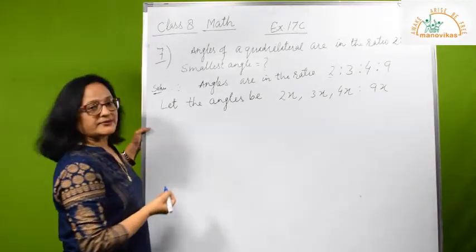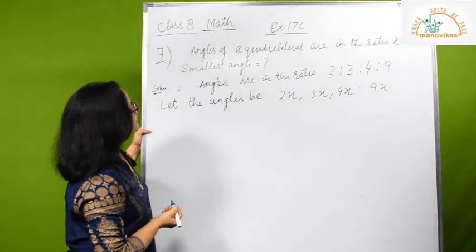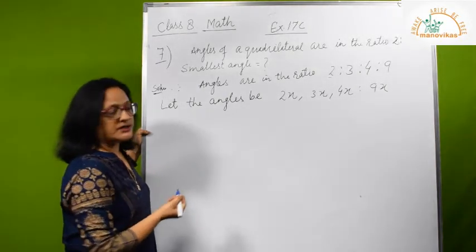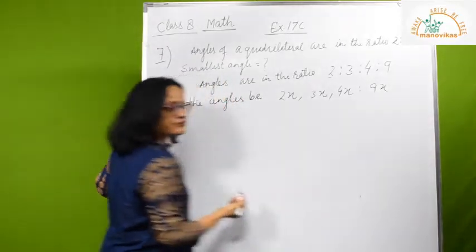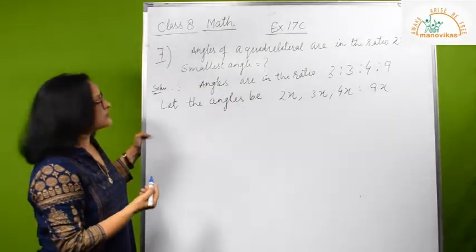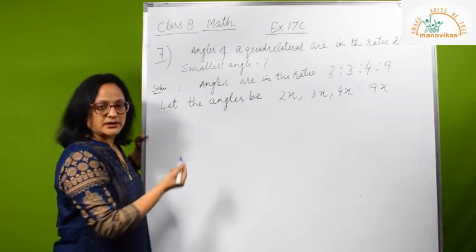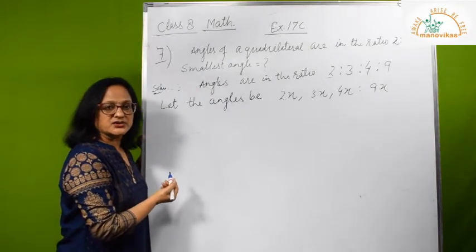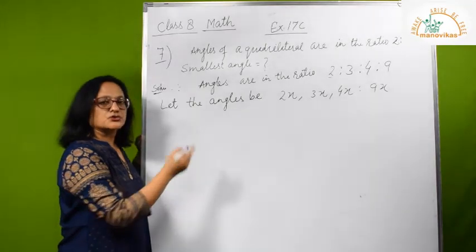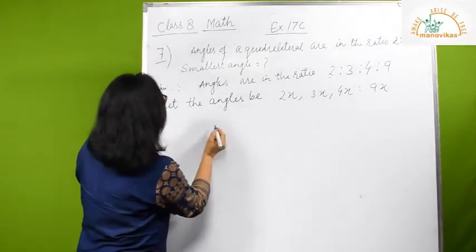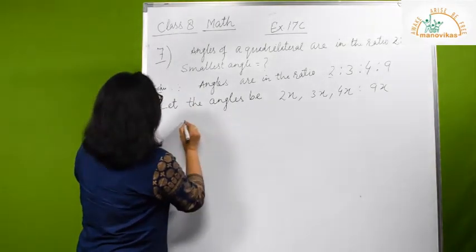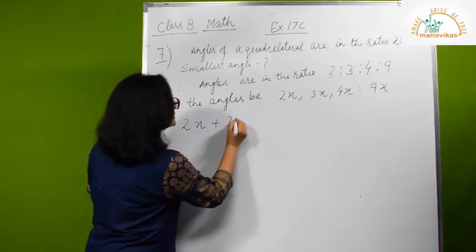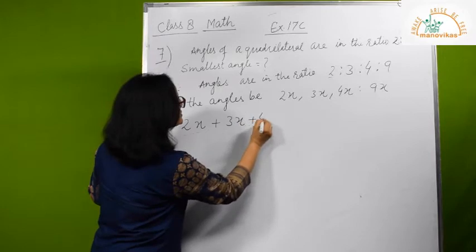Now what property will we use here? Because when we use the ratio method, you should know the total value of the ratios, meaning the total value of the 4 angles. As you know, the measure of the 4 angles of a quadrilateral is 360 degree. So the sum of all the angles of a quadrilateral is 360 degree.